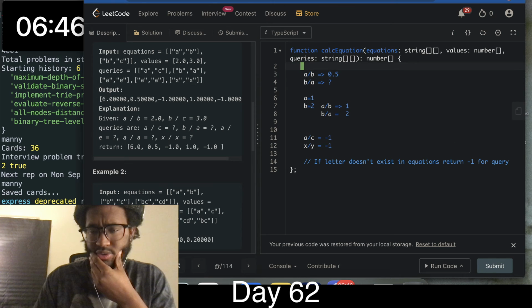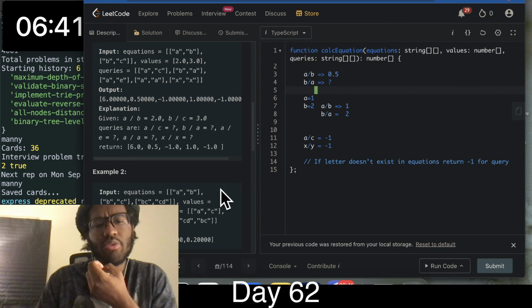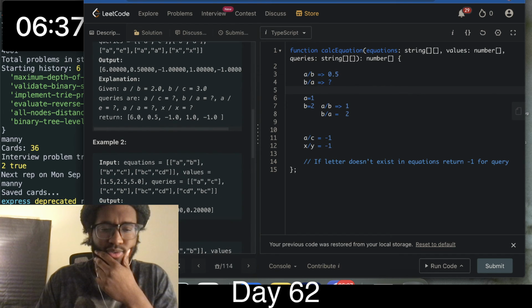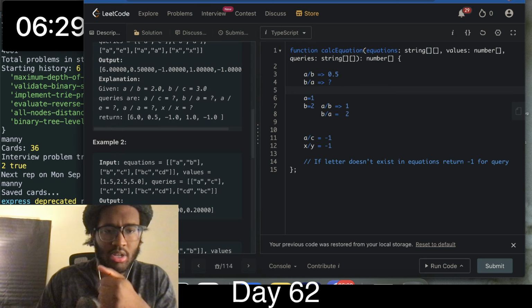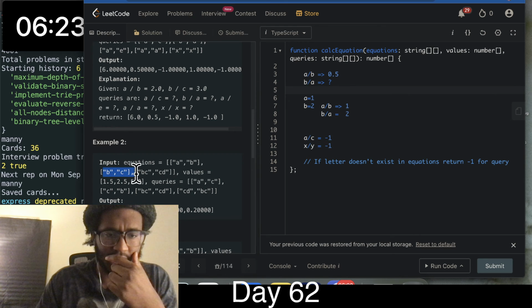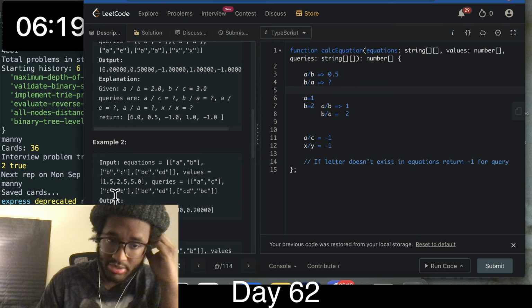So if a over b equals 0.5, and b over a equals 2, twice of that. Let's see if that makes sense. If a over b equals 3.75, so we have a. B over a we don't, we have a, b and c. Let's say b and c equals 0.4. No, b and c equals 2.5, right?